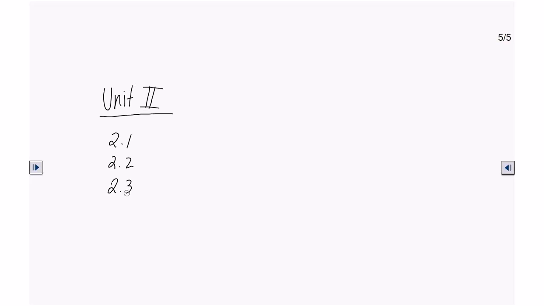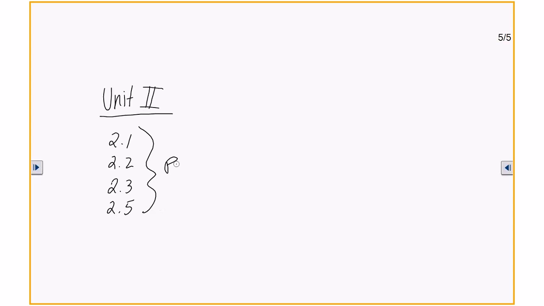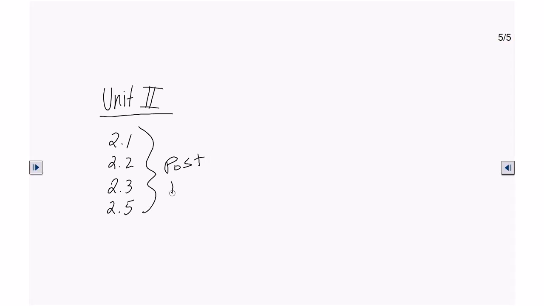I think it's Unit 1, Unit 2, Unit 3, and Unit 5. I think. Just look. Unit 2 consists of 2.1, 2.2, 2.3, and 2.5. I think. All right? And I will put up a test, post-test, probably this weekend. Okay?